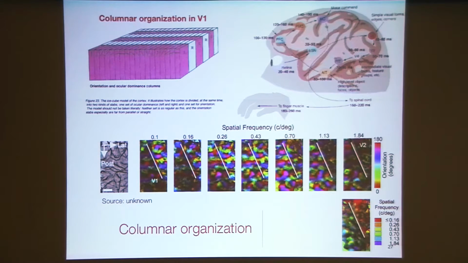What you see here, shown in pseudo-color, is the actual selectivity of various patches of the visual cortex, coded in color by their preferred orientations.